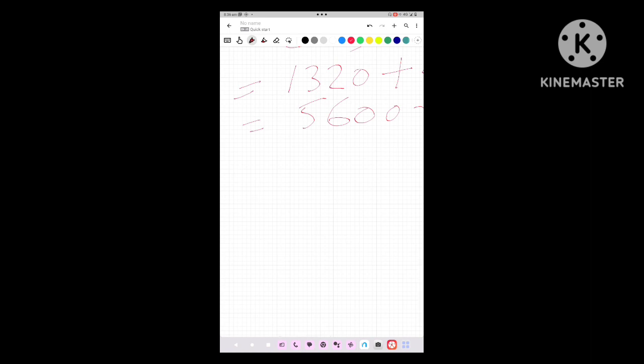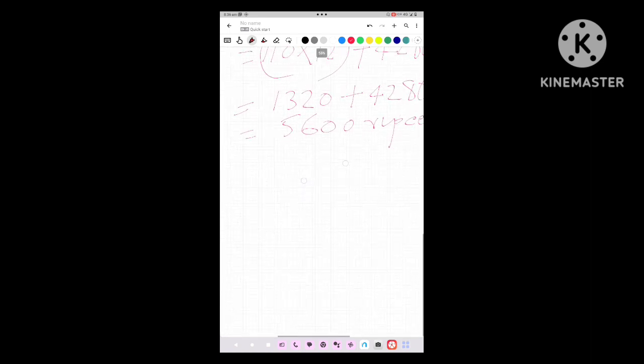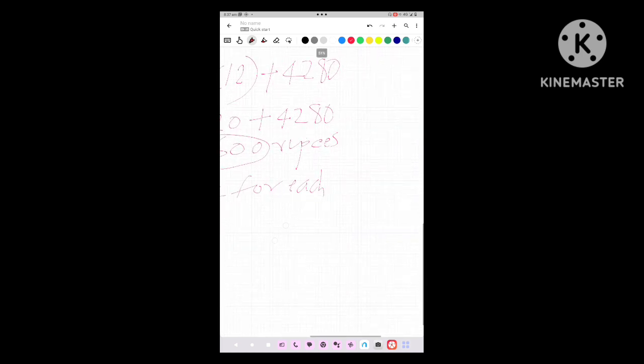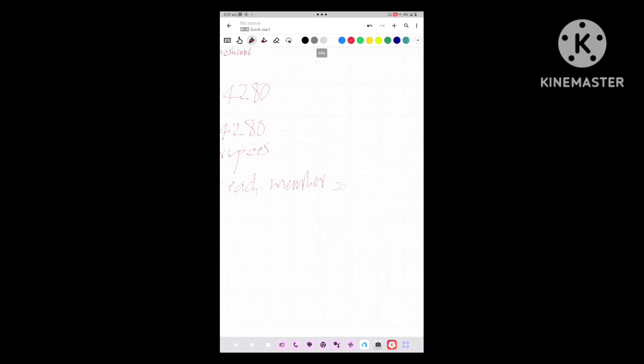And for 32 members, what is the expense? 5,600. So what is the expense for each one? 5,600 divided by 32. Expense for each member.